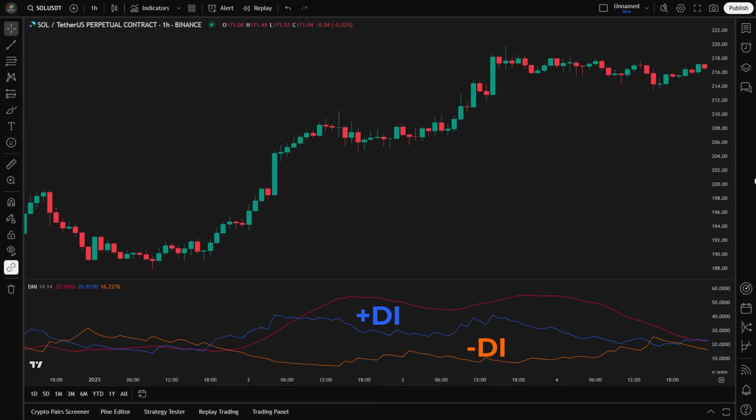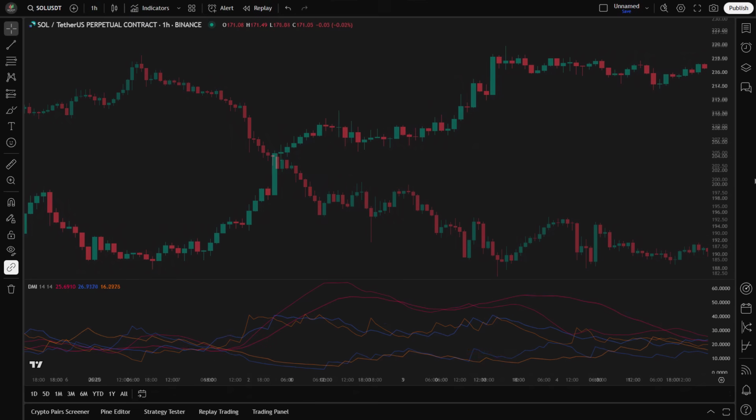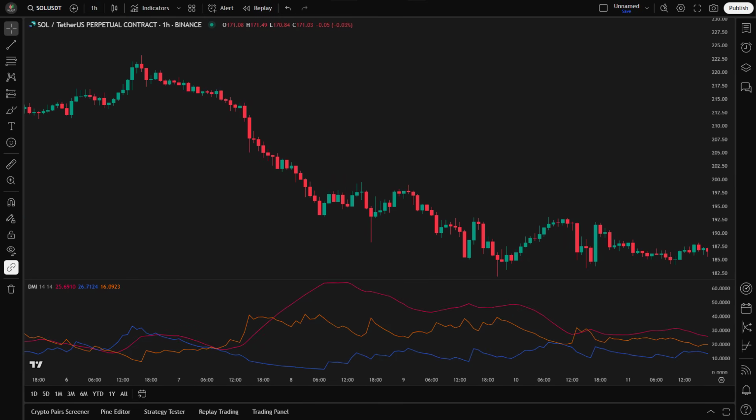When the ADX is above 25 and positive DI crosses above negative DI, it signals a strong bullish trend, a good opportunity to consider long positions. Conversely, when the ADX is above 25 and positive DI crosses below negative DI, it indicates a strong bearish trend. In this example, the bears take control of the market, and we can safely look for short opportunities.